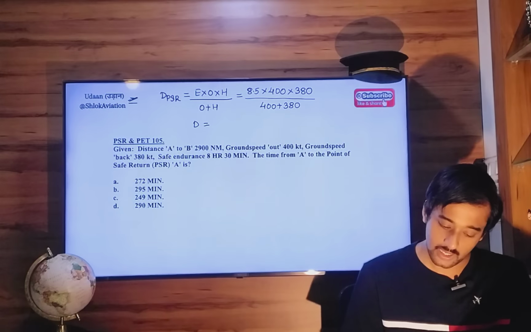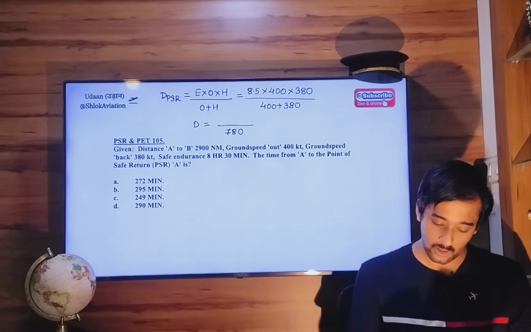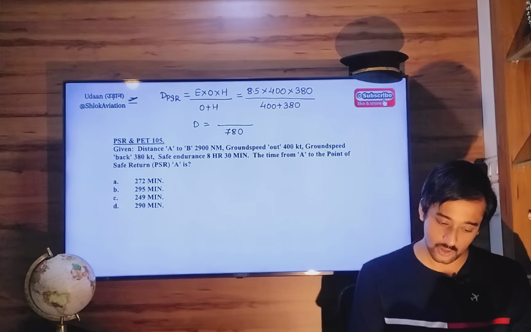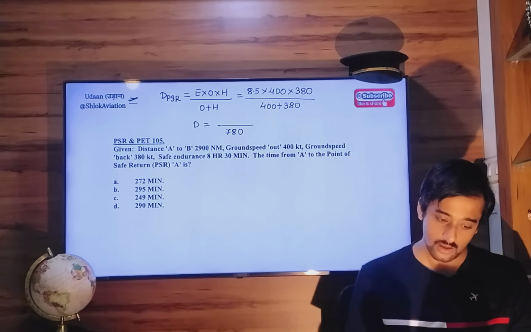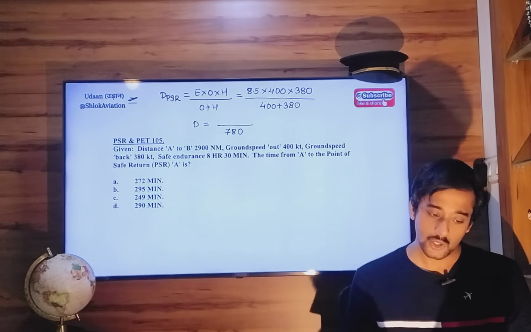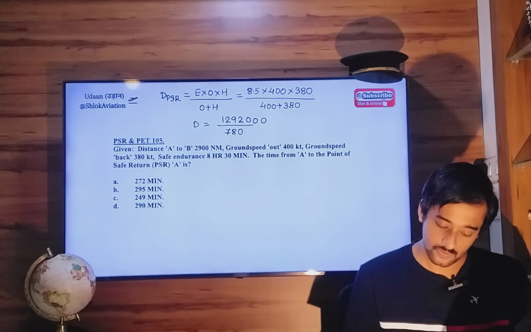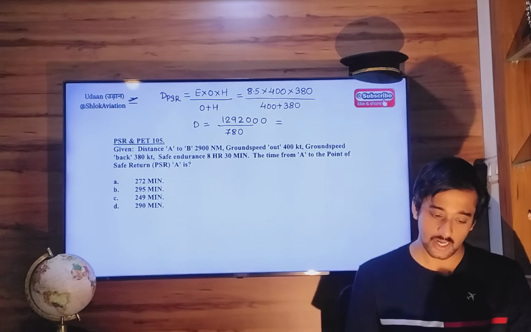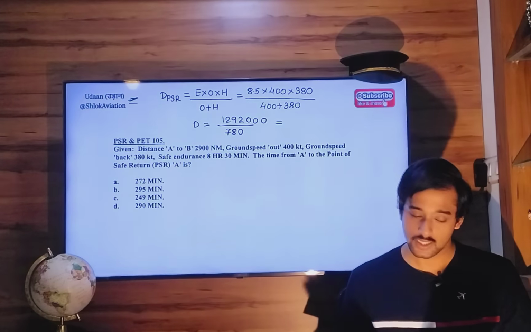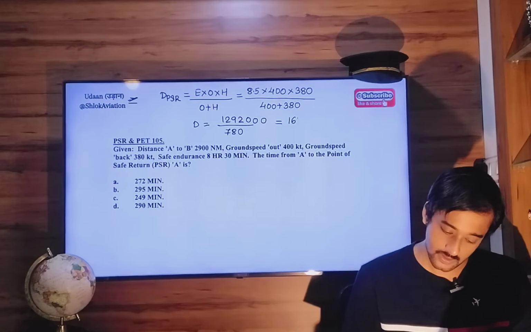So the denominator will be 780. The numerator, 8.5 into 400 into 380, is 1292000. Divide by 780, 1656 nautical miles.